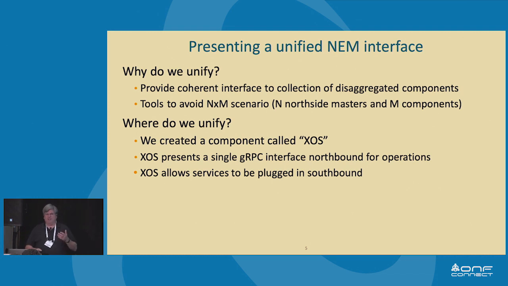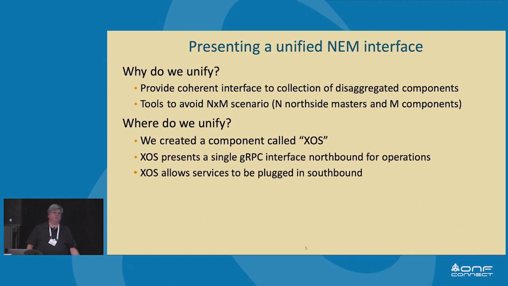We didn't want the N times M case where every consumer needed to implement special purpose logic to talk to every service. So we envision XOS as the unifier to take all of these disaggregated components and put them under a common API that is easy for the consumers to integrate to. XOS is gRPC based. It presents a gRPC interface northbound for the operators.